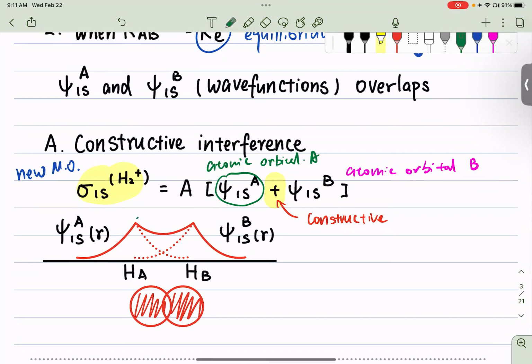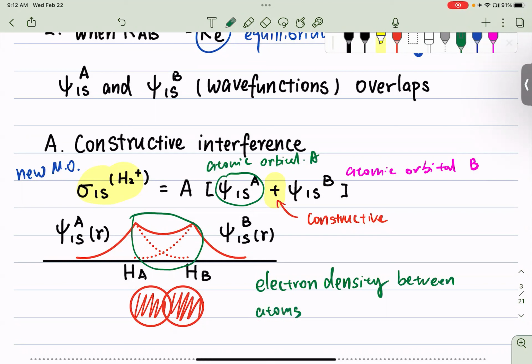So what we have here in between the two hydrogen atoms is electron density. And here we have our bonding molecular orbital. Right, so this we discussed last week when we were having electron density in between atoms. That is our bonding molecular orbital. It represents a chemical bond.